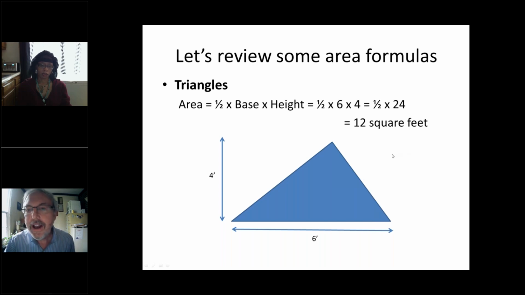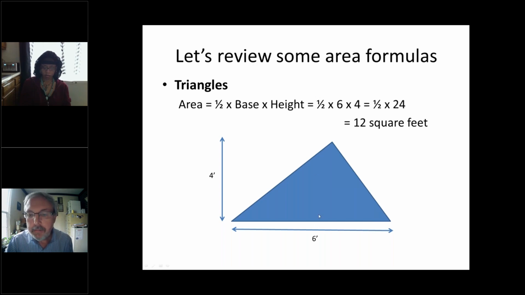Okay, so you said half the base times the height. So half of the base, because that would be 3, and then it's basically 3 times 4, like that? Yep. Yeah, so it's just 1/2 times the base times the height.